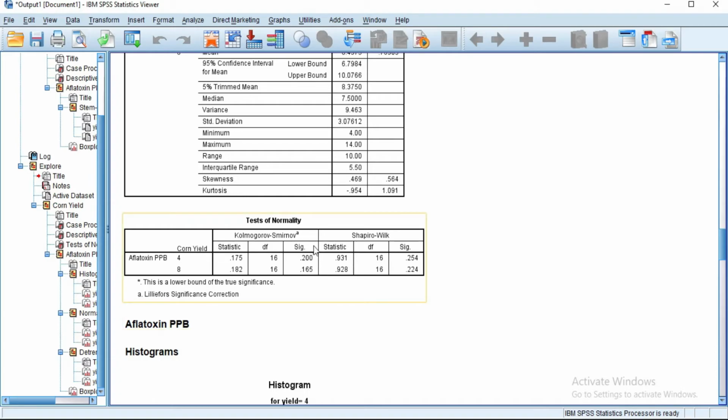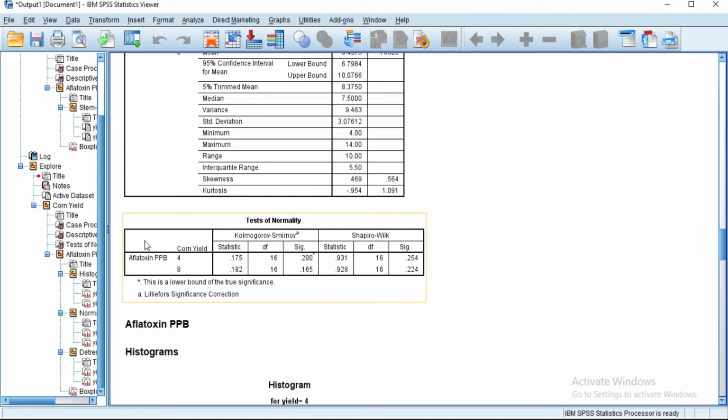And now the question is how to determine whether your data follow the normal distribution or not. To determine this, we have a column here, the significance. This is the column from where we are going to decide whether your data follow normal distribution or not. So in this Kolmogorov result, this significance value is known as the p-value. If this p-value is greater than 0.05, your data follow normal distribution.